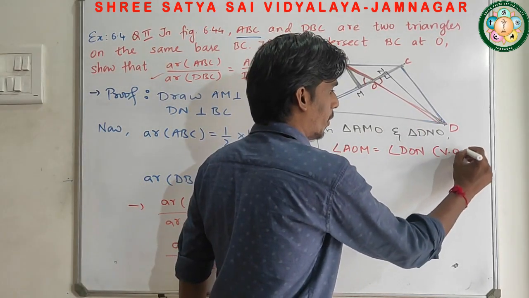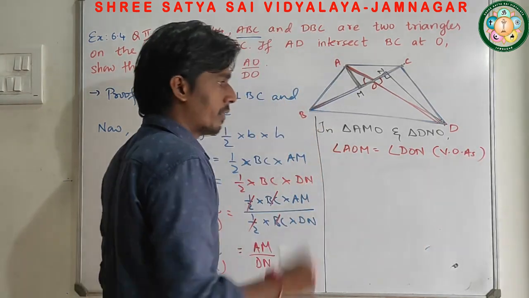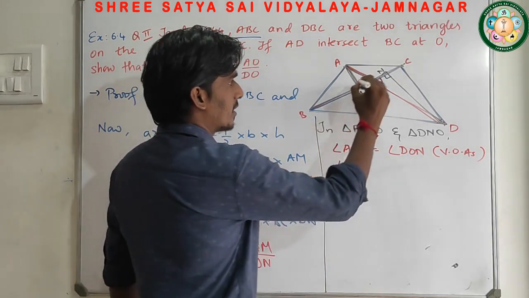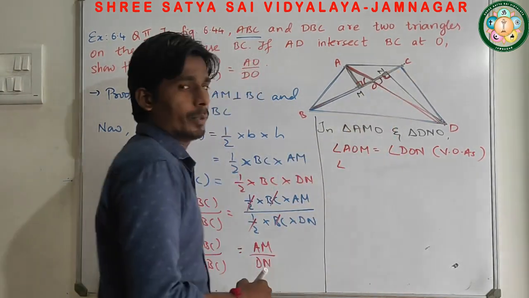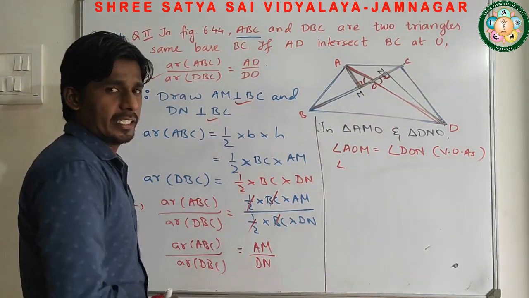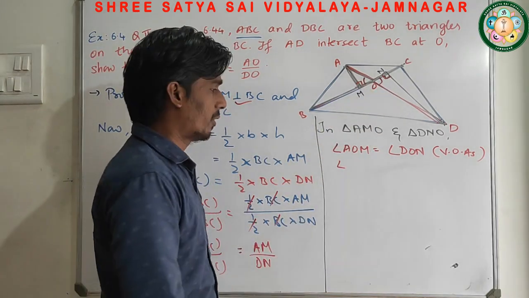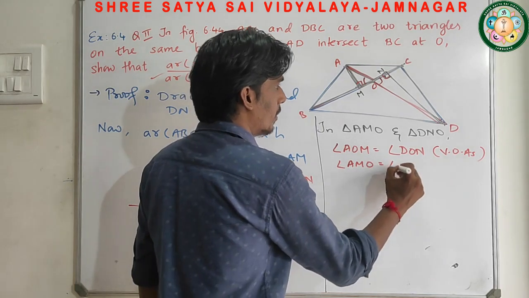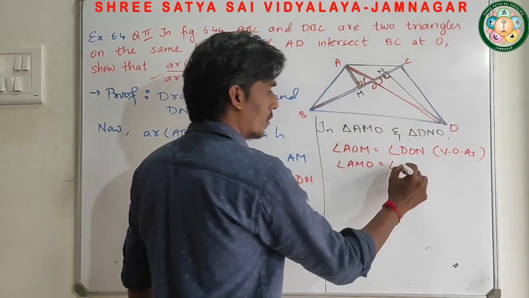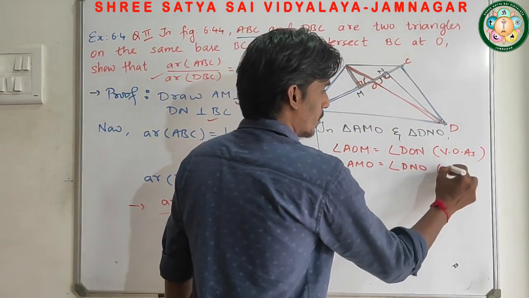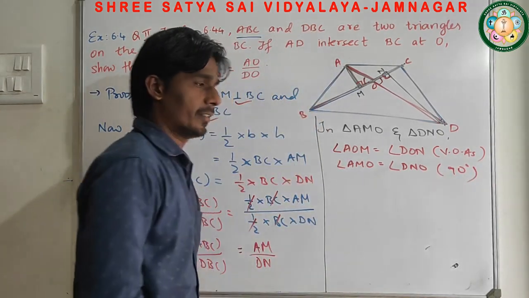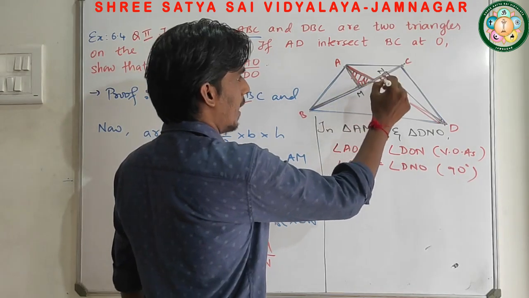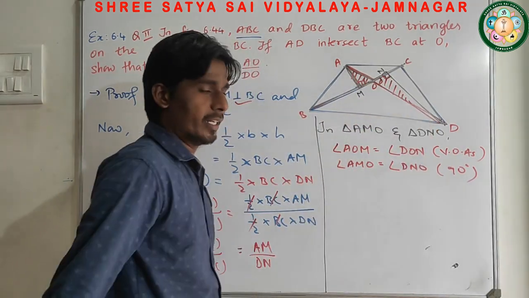Reason, vertically opposite angles. Now this is at 90 degrees, this is at 90 degrees because both are altitudes. Altitudes will be at 90 degrees only. So I can write here angle AMO is equal to angle DNO. Reason, 90 degrees.